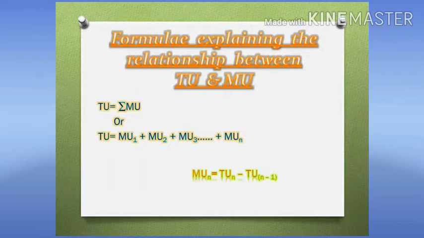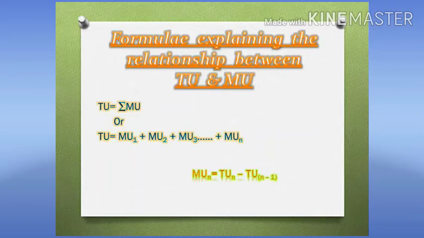That is, 5 minus 1 equals fourth unit. So, total utility of fifth unit is 30 and total utility of fourth unit is 28. Therefore, 30 minus 28 equals 2, which is marginal utility of the fifth unit.